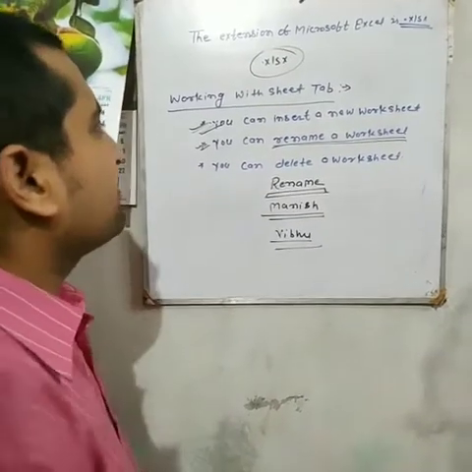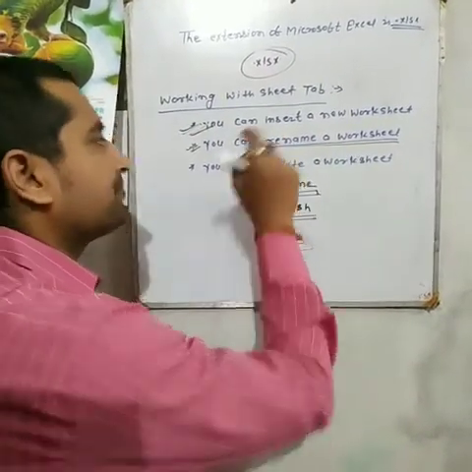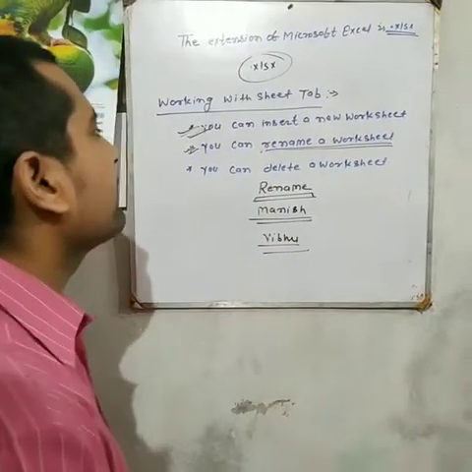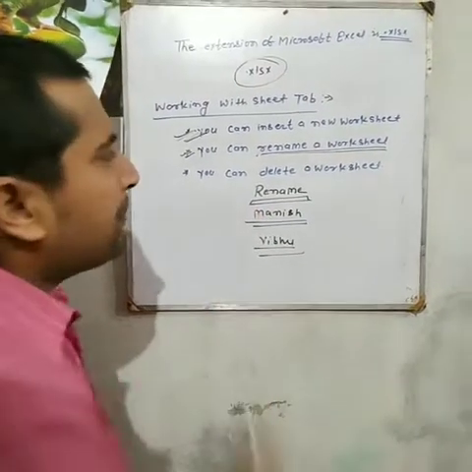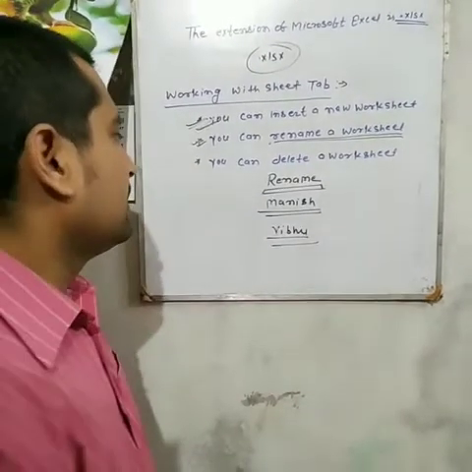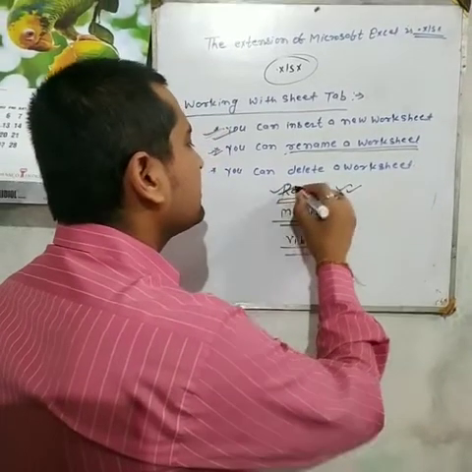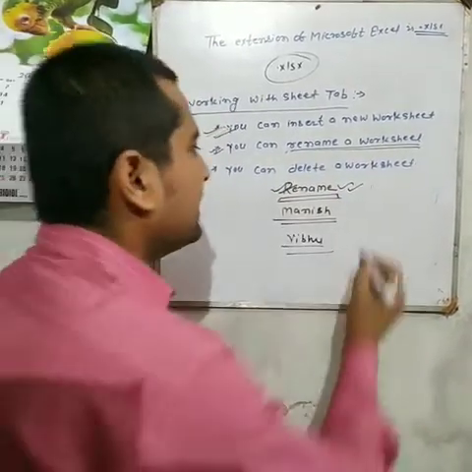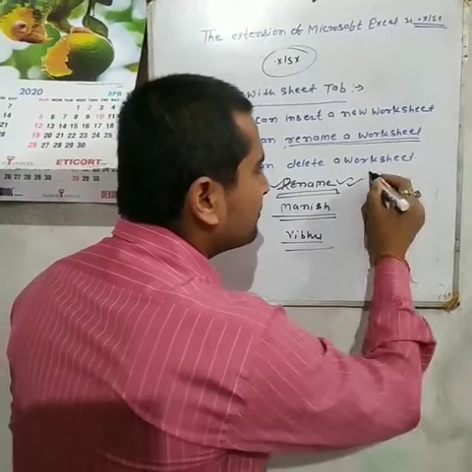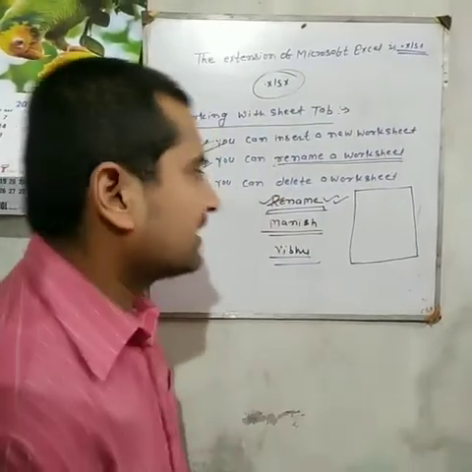How can you do this? From the Sheet tab, right click on mouse button. Then a dialog box appears. Click on rename option. Then a pop-up menu appears. Right.